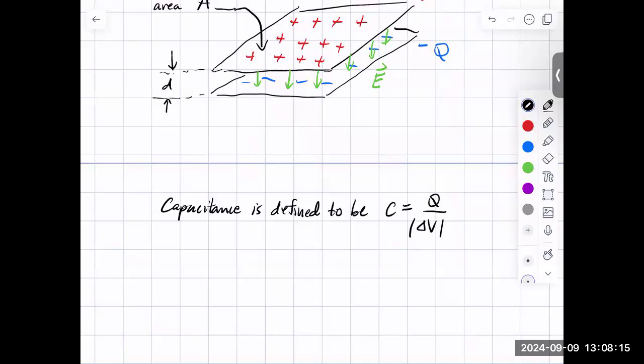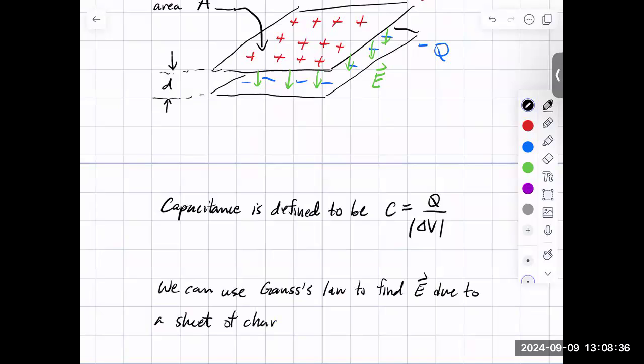So I just want to remind you that we can use Gauss's law to find the electric field due to a sheet of charge with charge per unit area.